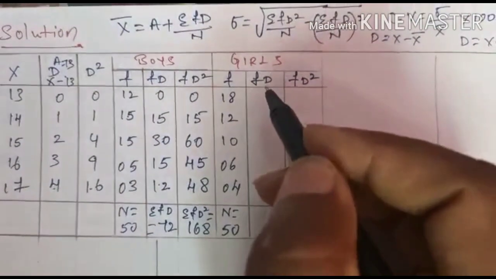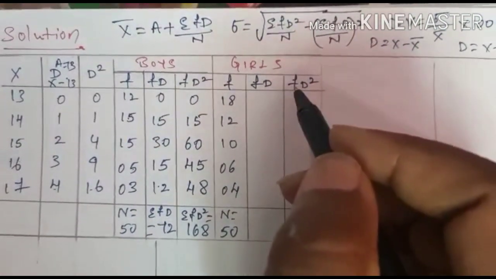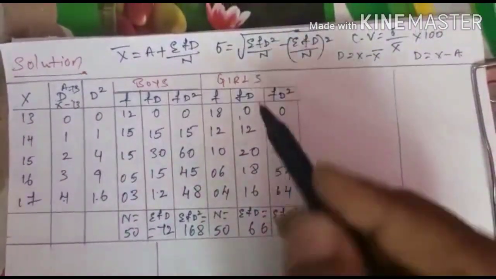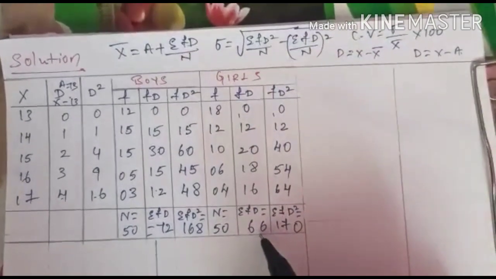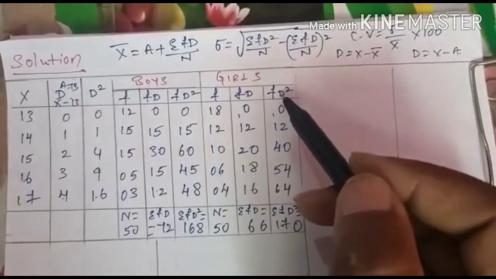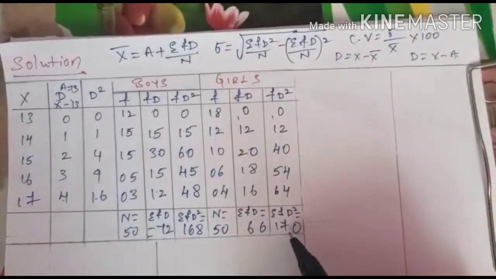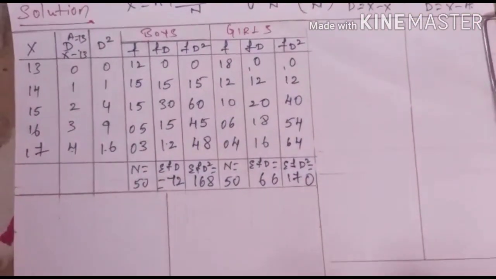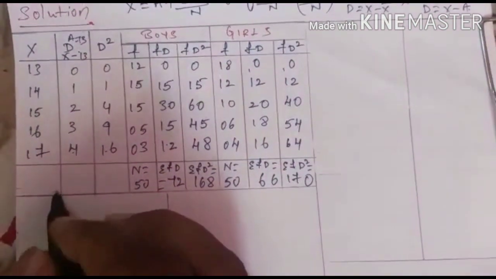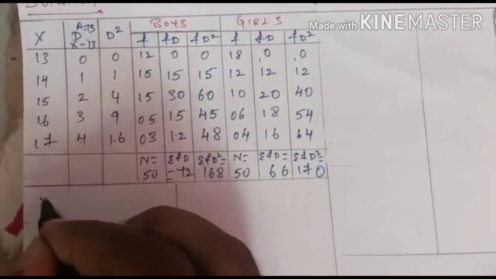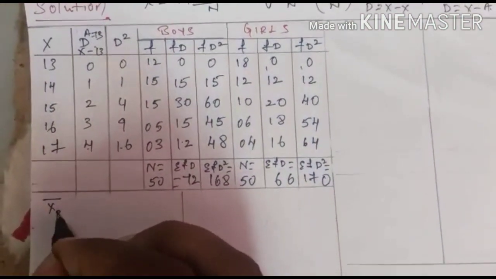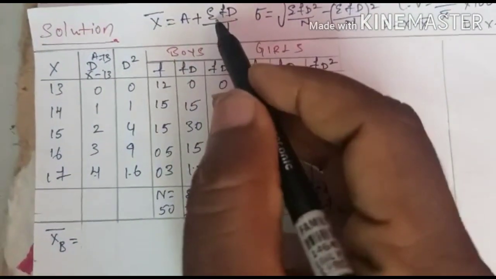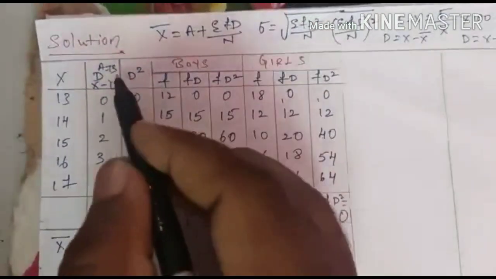Now similarly find the values of fd and fd square for girls. The sigma fd value of girls is 66. The sigma fd square value of girls is 170. Now let's find the arithmetic mean of boys and girls. x bar of boys is equal to a plus sigma fd divided by n, where a means assumed mean.